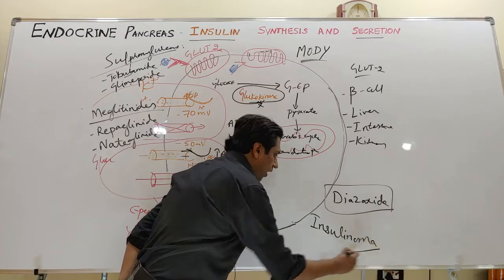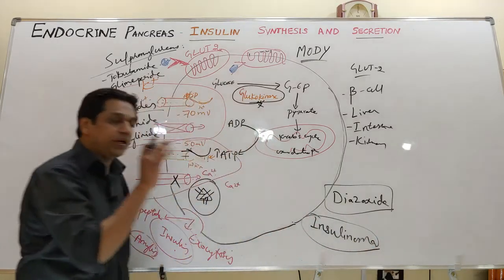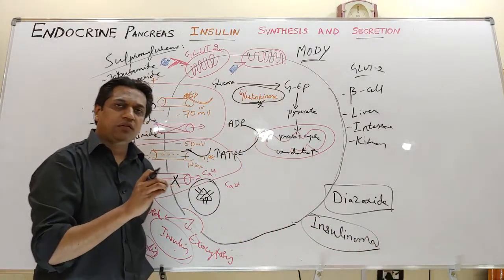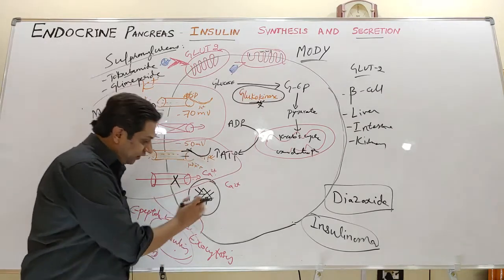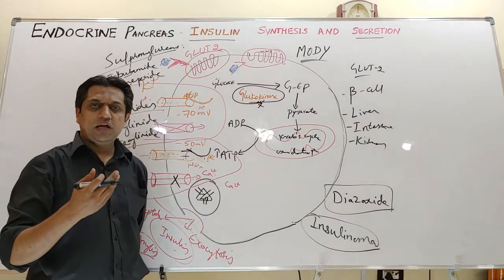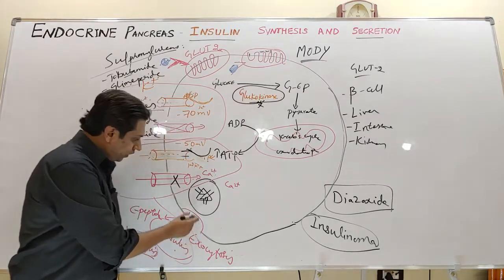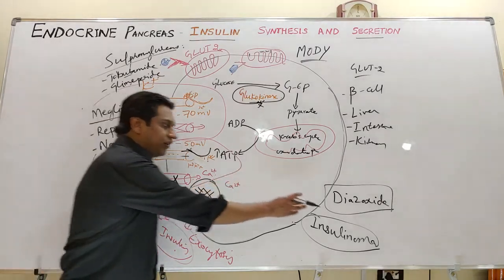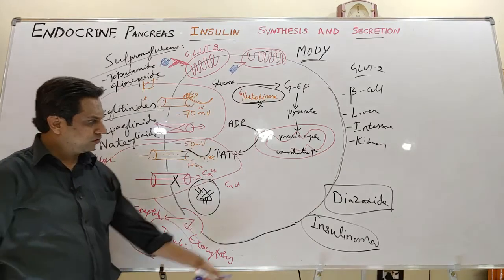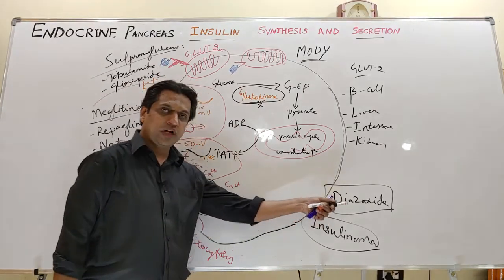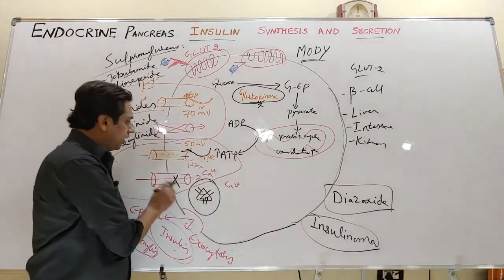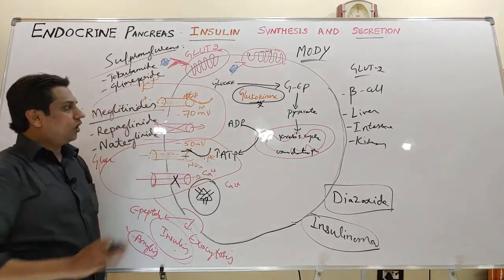Insulinoma is a tumor of the beta cells of the pancreas, where there is excess secretion of insulin, and because of that excess secretion of insulin there is hypoglycemia and so on. So to reduce the secretion of insulin, this drug is used. Okay, it is also a smooth muscle vasodilator. We'll discuss in detail, but right now at this junction I wanted to bring up this point.